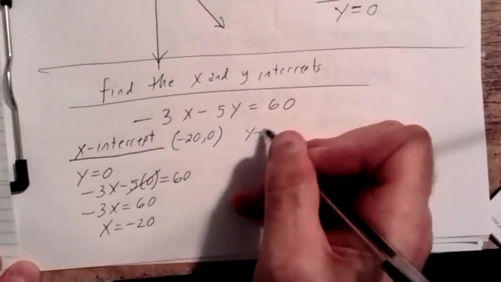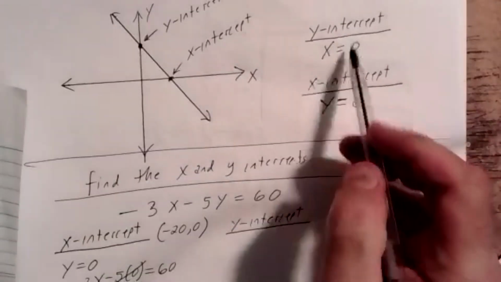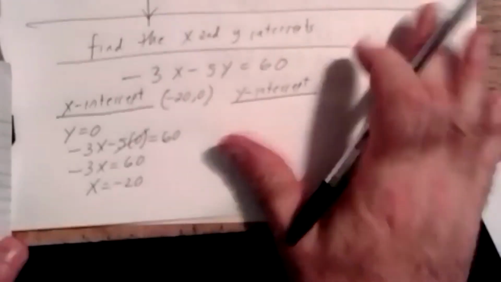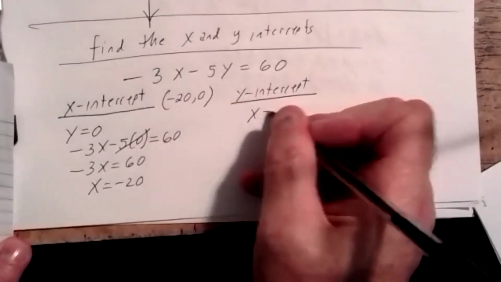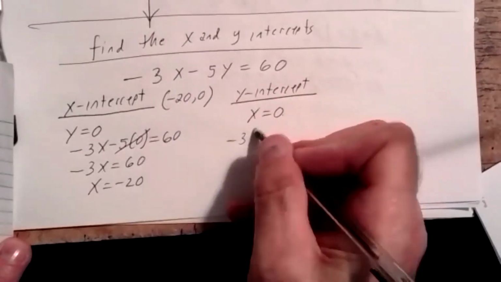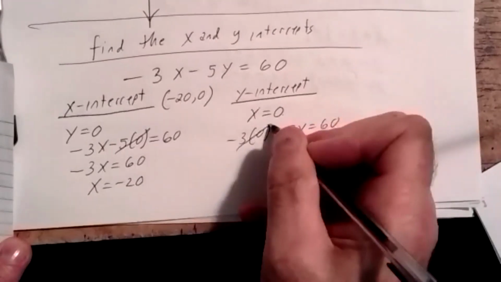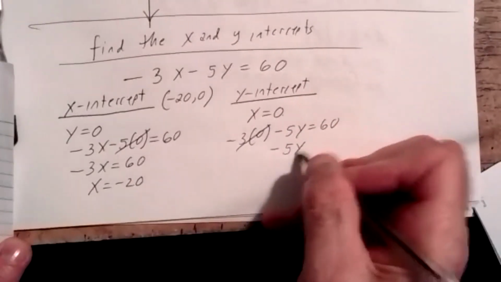To find the y-intercept of this linear equation, we set what equal to 0? X gets set equal to 0 always. So now we let x be equal to 0. Take 0, substitute it in for the x variable into the equation. This term drops out. We're left with -5y equals 60.